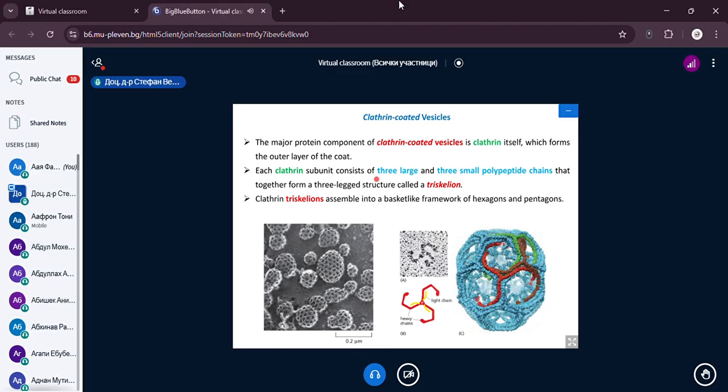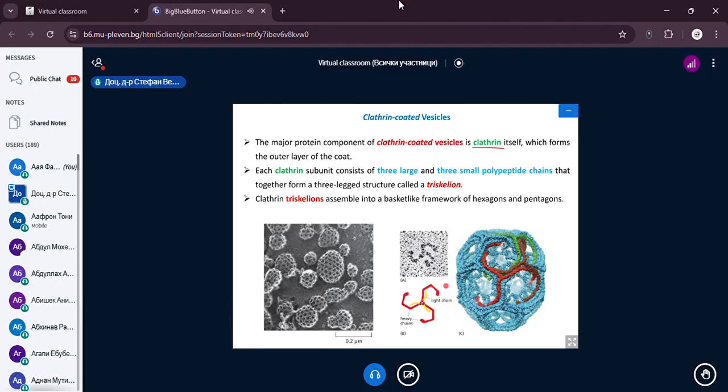So the major protein component of clathrin-coated vesicles is the protein clathrin itself, which forms an outer layer or coat around the vesicle. Each clathrin subunit consists of 3 large proteins marked with red color here and 3 small polypeptide chains. And this special structure is called a triskelion.